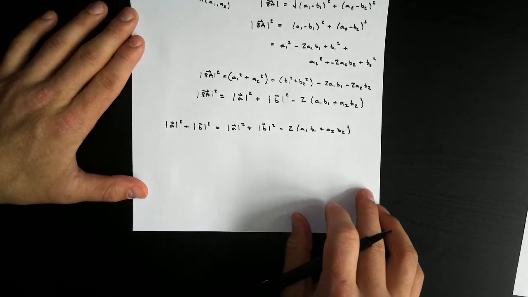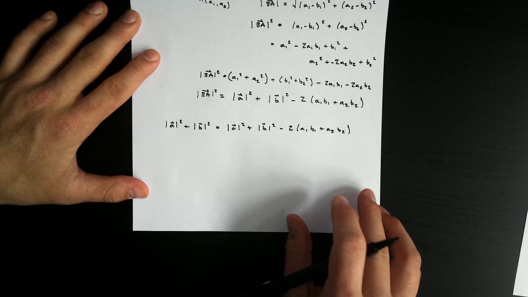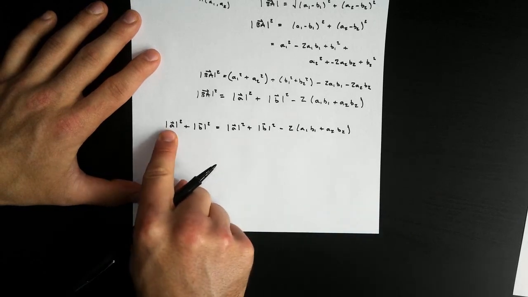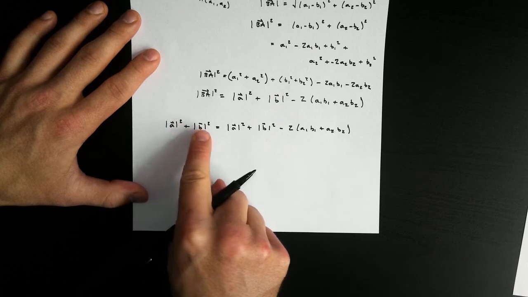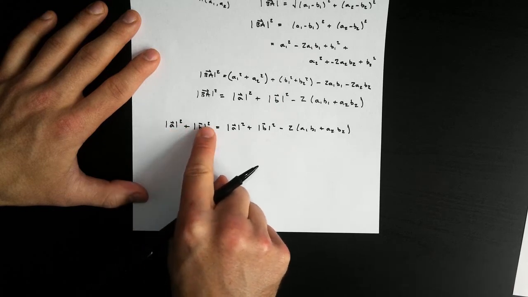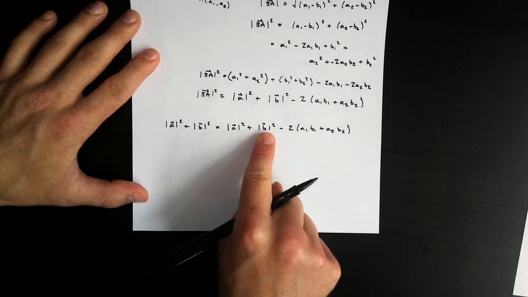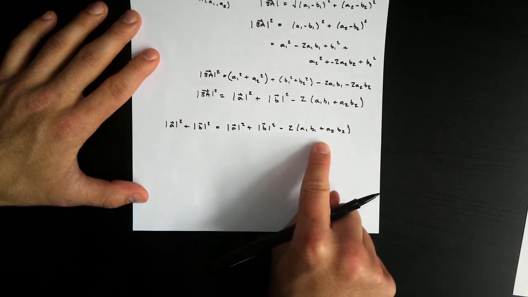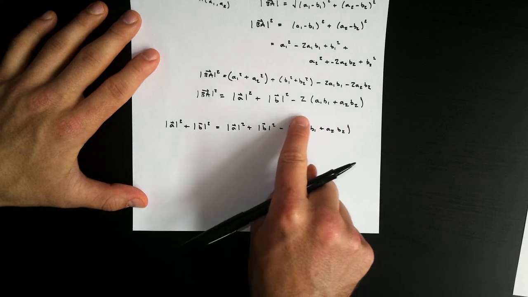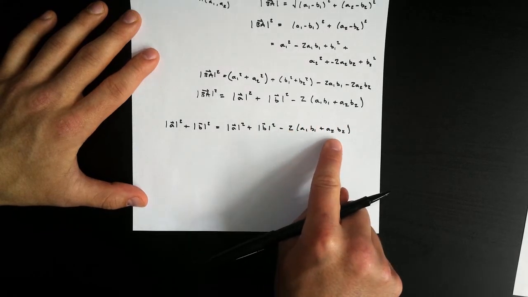Okay, now if we study this a little bit, we have the magnitude of A squared and the magnitude of B squared on both sides. So the only way that this equation is going to be true is if this piece is equal to 0.